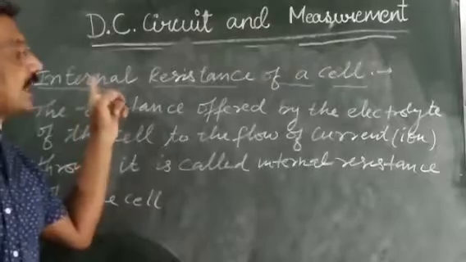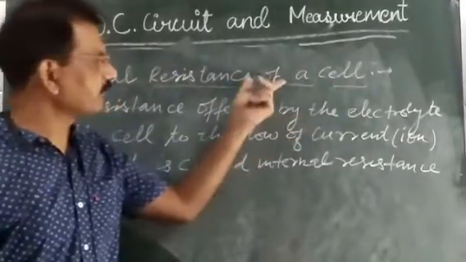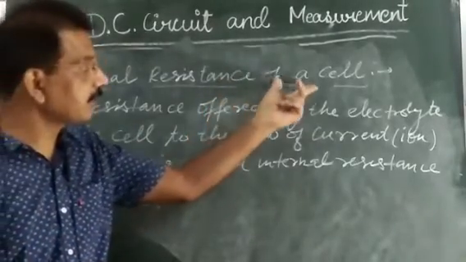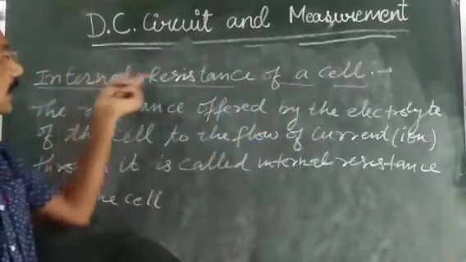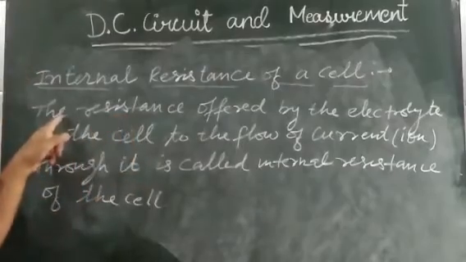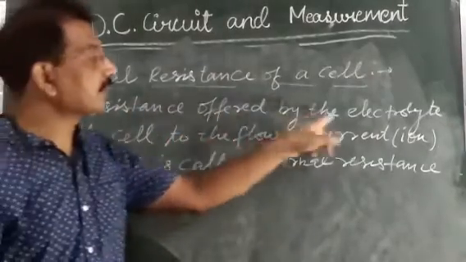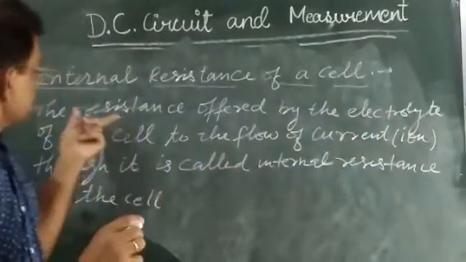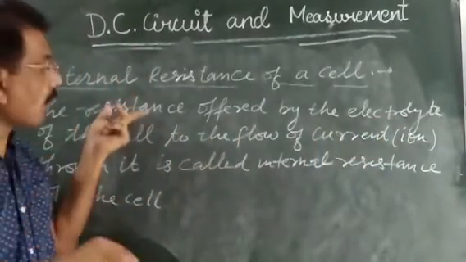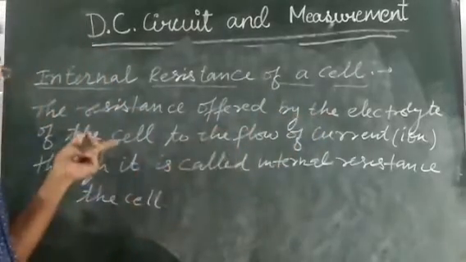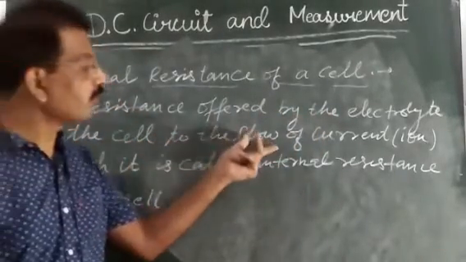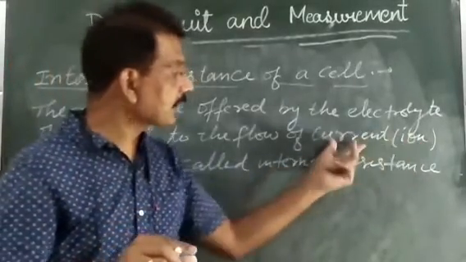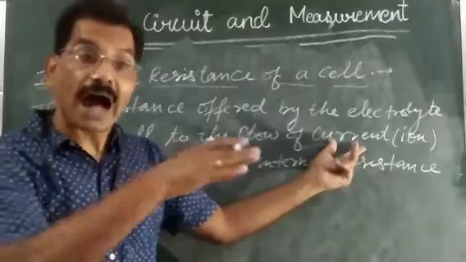Now, the next topic is internal resistance of the cell. This one is very important, a very small part of the cell. Internal resistance, as is clear by its name, is the resistance offered by the electrolyte inside the cell. The obstruction offered by the electrolyte to the flow of current, and inside the electrolyte, flow of current takes place due to the motion of ions.